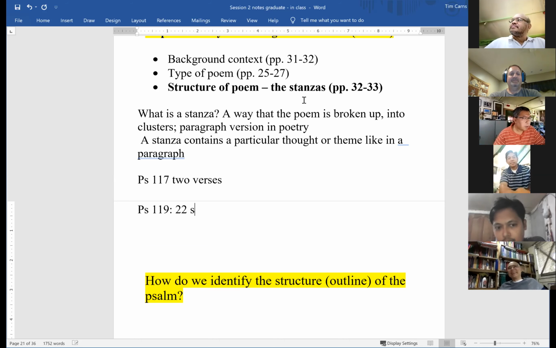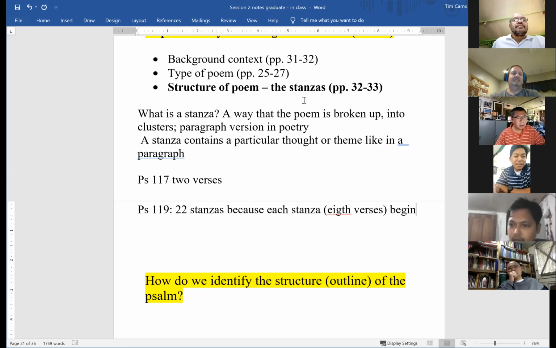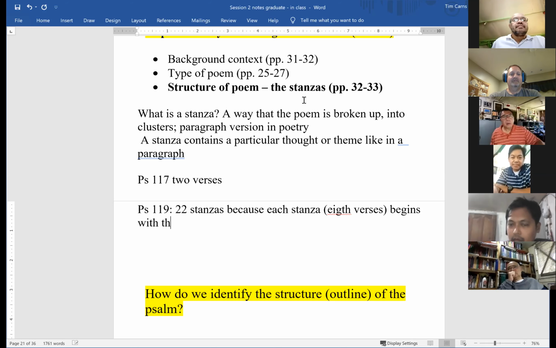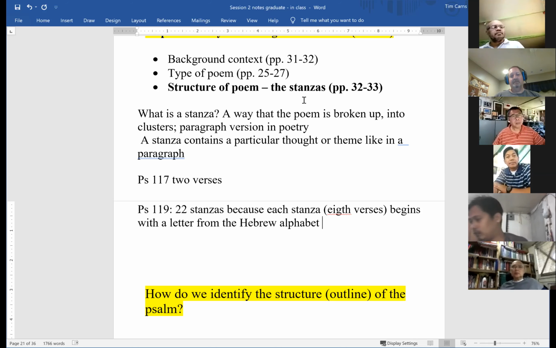Okay, 22 stanzas, because each stanza of 8 verses begins with a letter from the Hebrew alphabet. So verses 1 to 8 begin with Aleph, verses 9 to 16 begin with Beth, all the way through. So there are 22 stanzas there.